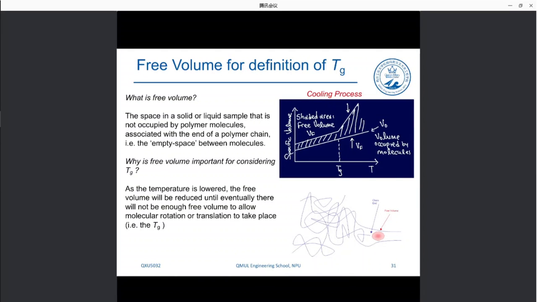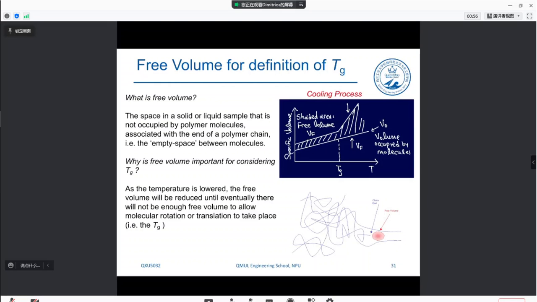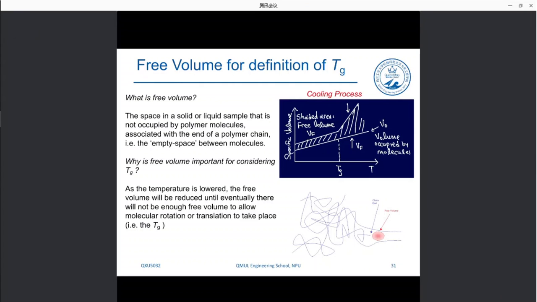And now, after we looked upon the effect of the time scale of the experiment on the glass transition, let's look upon a definition. How do we define the glass transition in terms of free volume? Free volume in general is the volume within a polymer sample that is not occupied by polymer molecules.